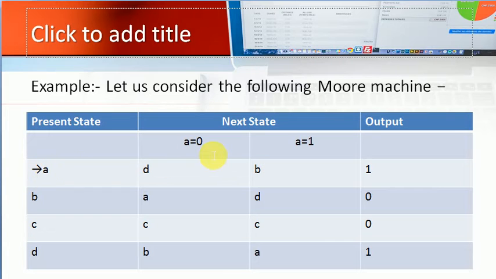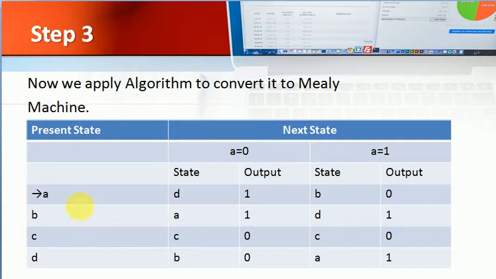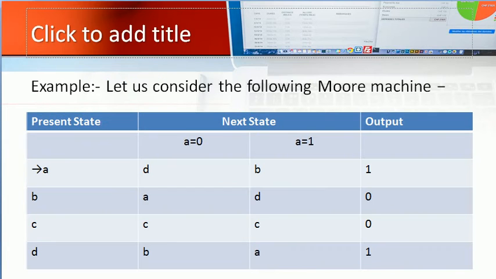On A, when we give the input 0, it gives the output 1 and moves to the state D. Same here, when we give input 0 to the state A, it moves to the state D giving us the output 1. Same continues for all. Like this, when we give the input 1 on the state A, it moves from A to B giving the output 1.